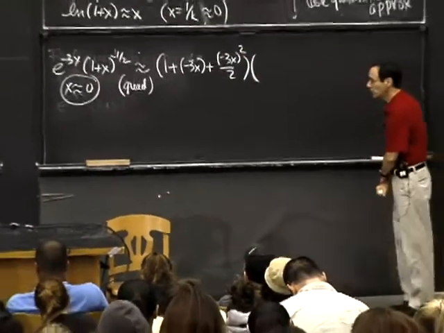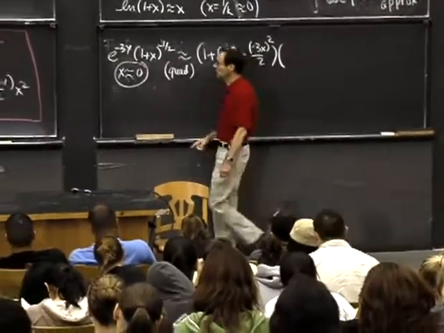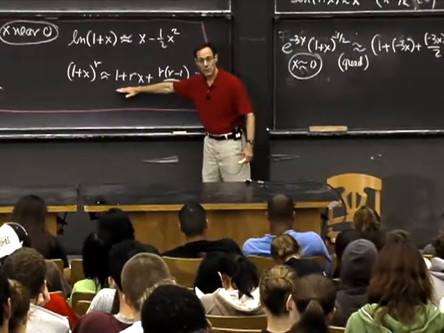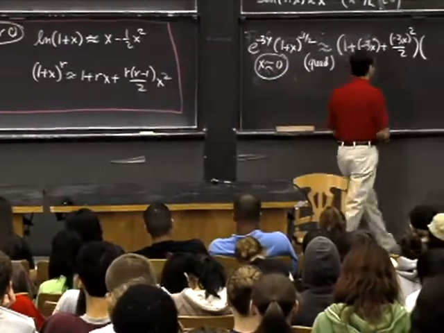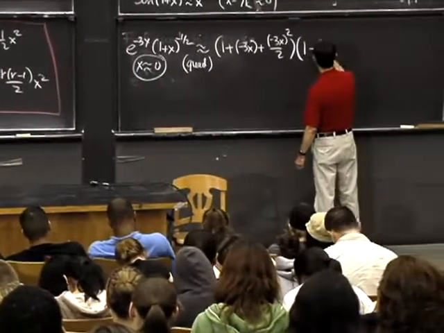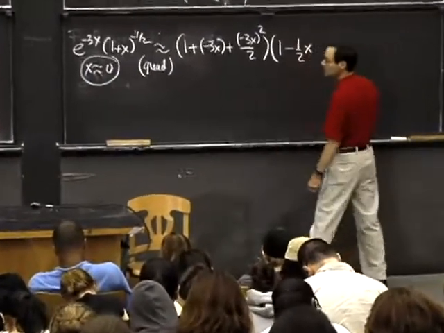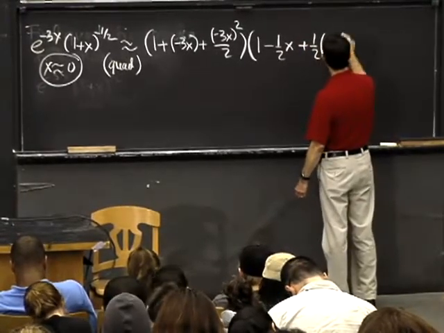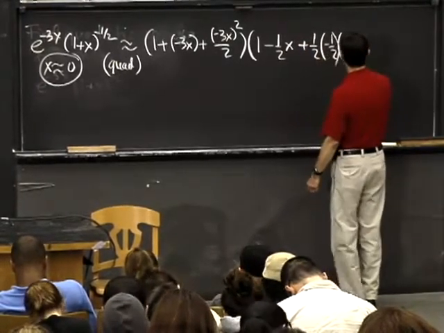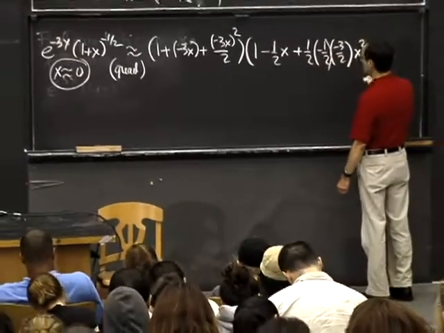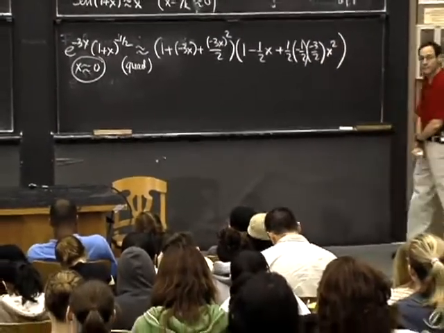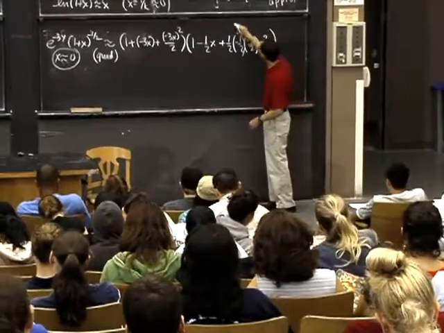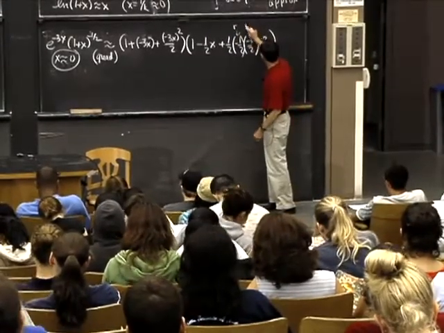For the other factor, I'm going to have to use this formula down here, because r is minus a half. So that's 1 minus a half x plus a half times minus a half times minus 3 halves x squared. All right? So this is the r term, and this is the r minus 1 term.